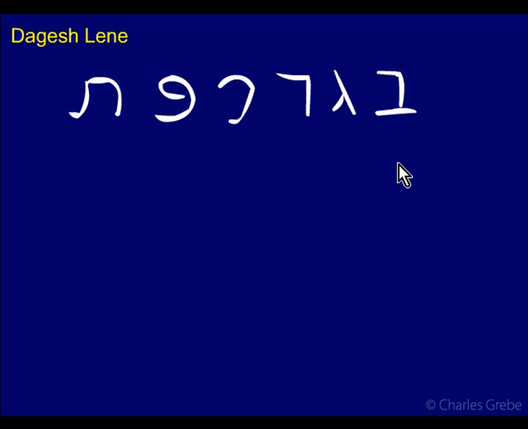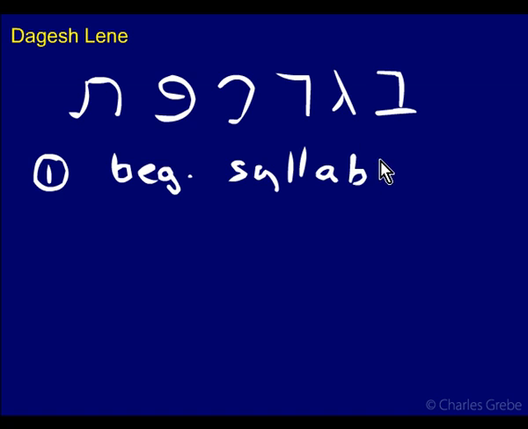Now, what we didn't cover in that module was how to tell when the Dagesh Lene is there and when it isn't. So that's what I want to do right now. The rule is that there are 2 conditions that need to be met for Dagesh Lene to show up and to stay there. One is that it has to be at the beginning of a syllable. And the second, and both have to be met, so I'm going to put a big "and" here.